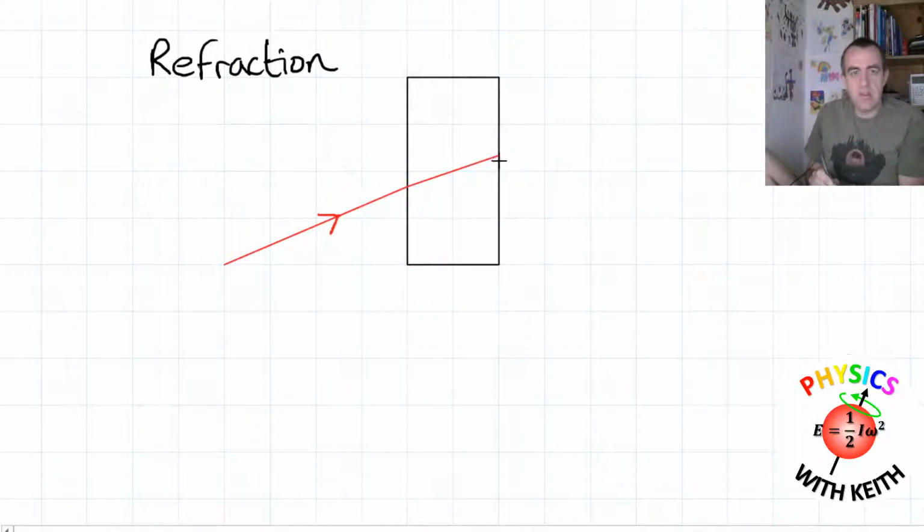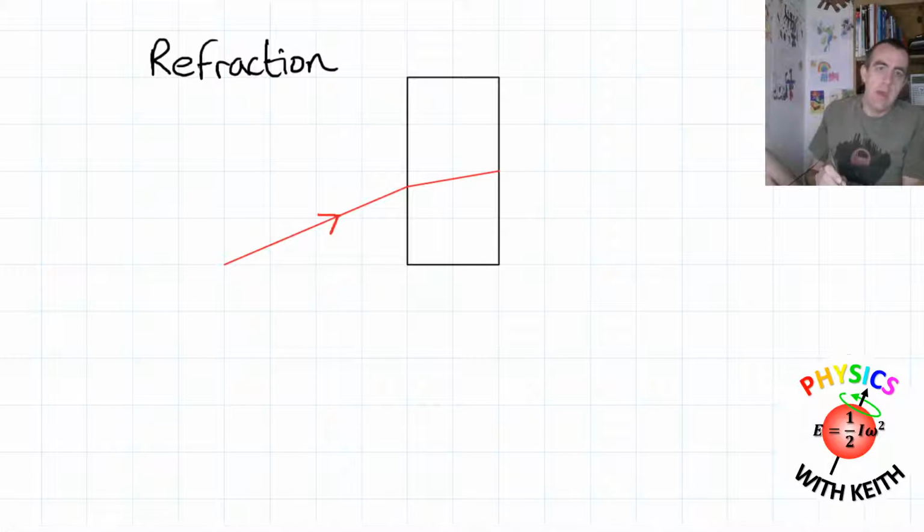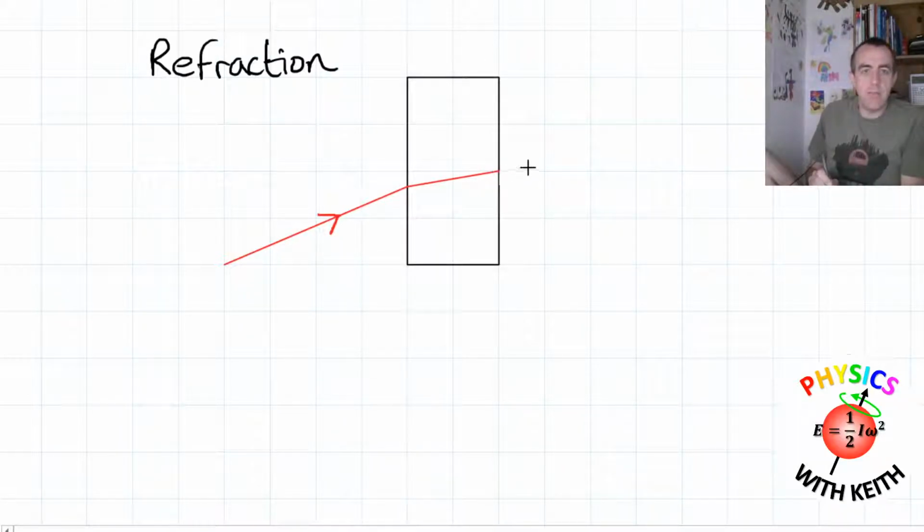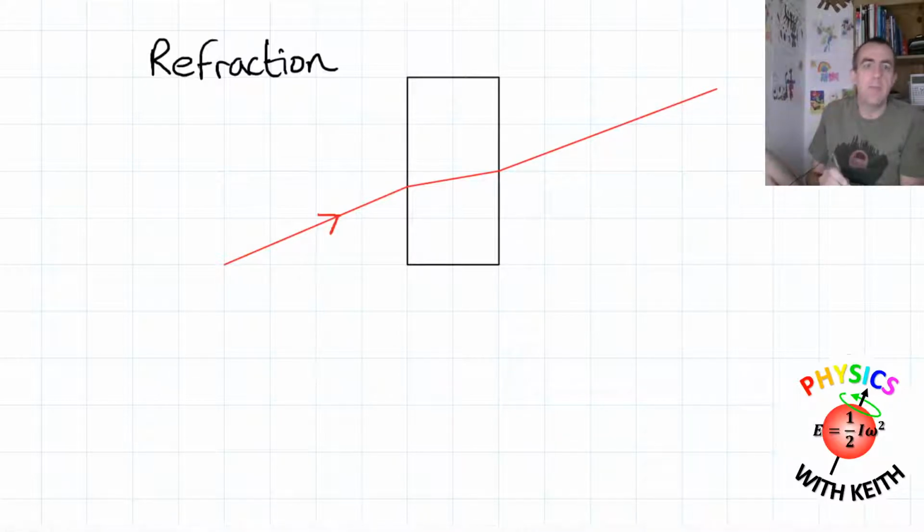But because the light is slowed down, it refracts, which is a technical name for that slowing down of light, which causes the ray to change direction, bending it a little bit. And as the ray leaves the glass, it speeds up again, which means that rather than following the path it was going through in the glass, it follows the path in the same trajectory as it entered the glass. So it's sort of this thing here. Hopefully I've drawn that okay.